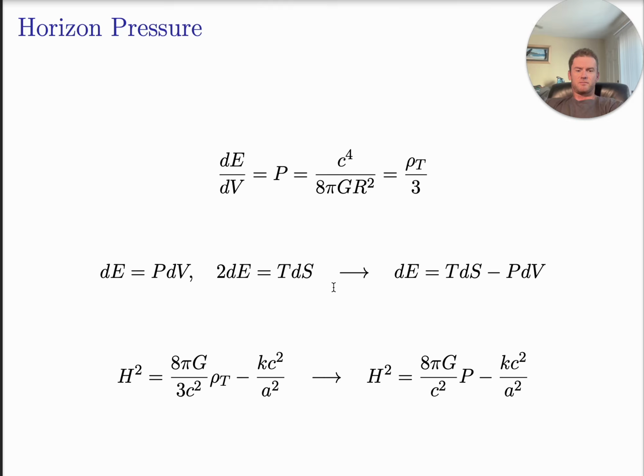But maximally simple, and importantly, each of these terms in the first law, so the pressure, the volume, the temperature, and the entropy, are all completely based on the radius, as you can see here. So it's a completely macroscopic pressure, as the temperature and entropy are as well. The huge finding of Hawking and Gibbons is that the entropy and the temperature are defined completely on the cosmological horizon.